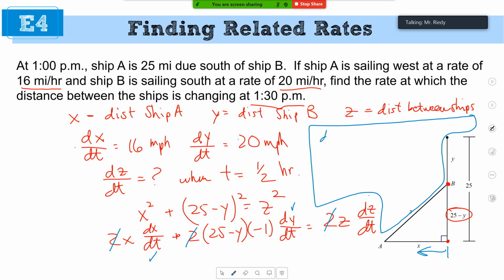It's the dirt equation, right? 16 miles per hour for 1/2 hour gives me a distance of 8. Similar calculation for y. 20 miles per hour for a half hour makes y equal to 10.